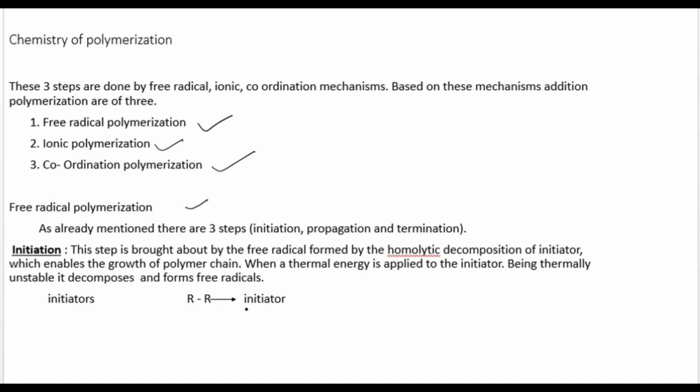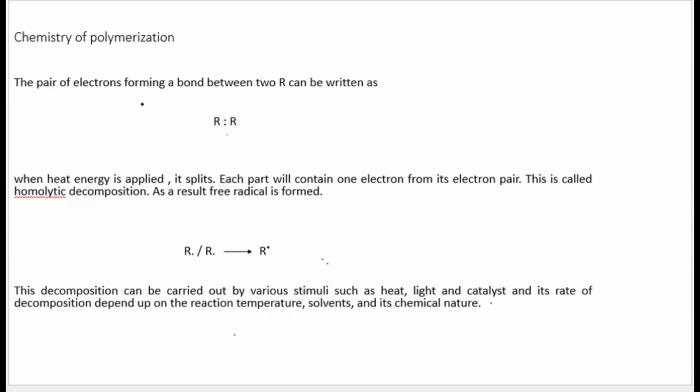So we can write it as R single bond R. This is the pair of electrons forming the bond between two R's, which can be written like this.